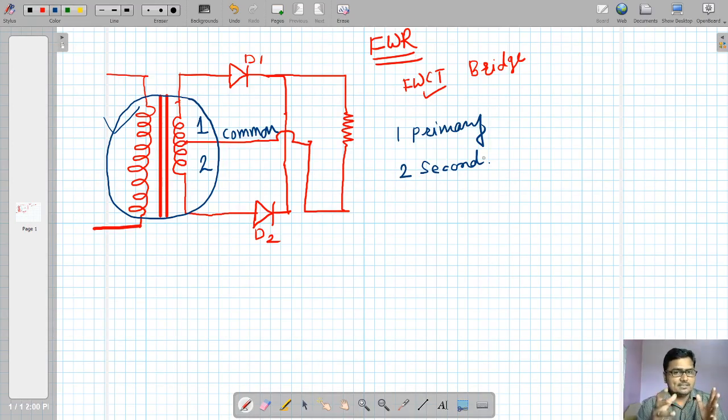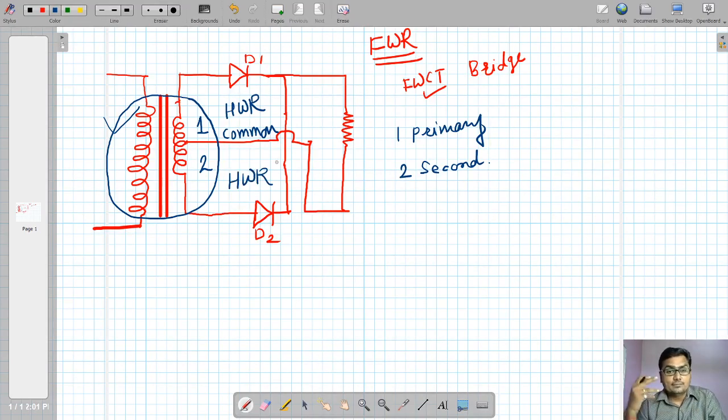The only important thing is to understand that I'm using a center tap transformer, which means one primary and two secondaries. The two secondaries operate individually as half wave rectifiers. The upper part of the circuit is one half wave rectifier, and the lower part is another half wave rectifier.